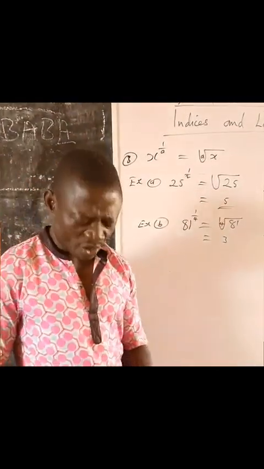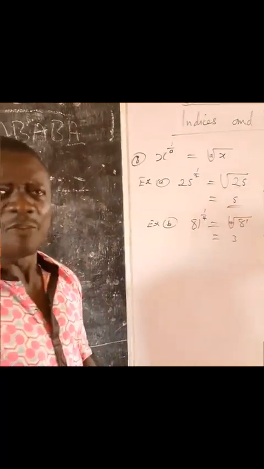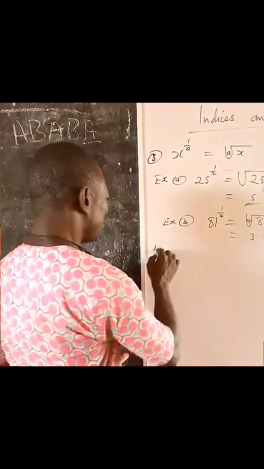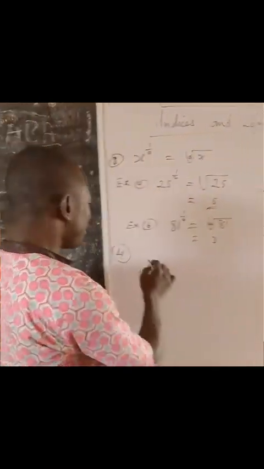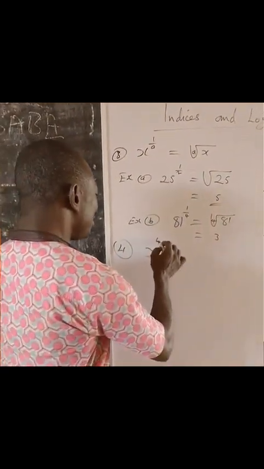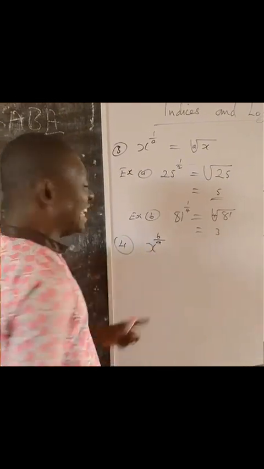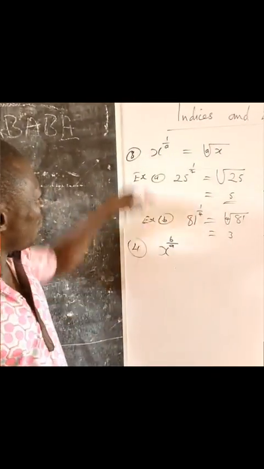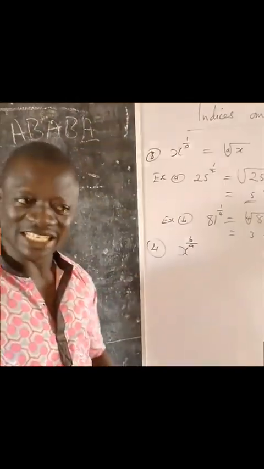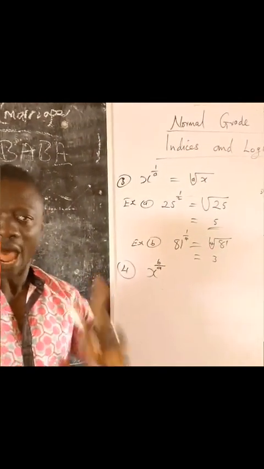Now, fourth law. Fourth law is an improvement from the third law. The law number 4 is saying, assuming we have x raised to power b over a. In this case, 1 is no longer what is up here. It is b, suggesting that it could be another number apart from 1.